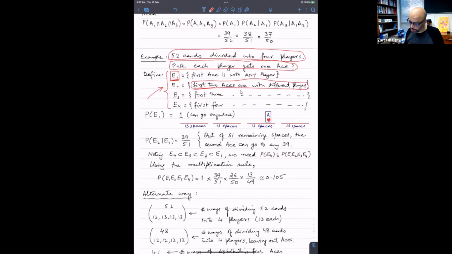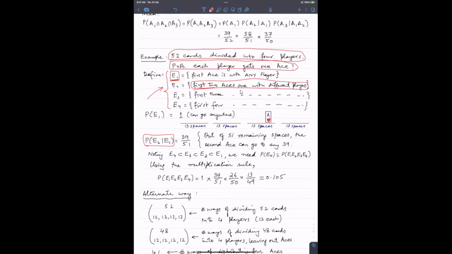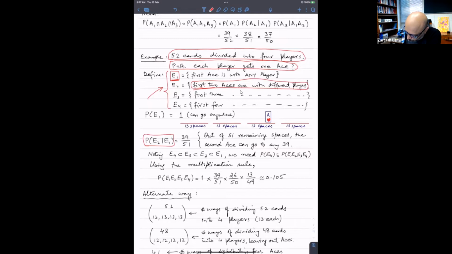And your question is, okay, why is probability of E2 given E1, what is the probability of E2 given E1, why is it not 3/4? Right? That's the question. Like, why can't we just divide it into 4 groups? We have actually divided into 4 groups.